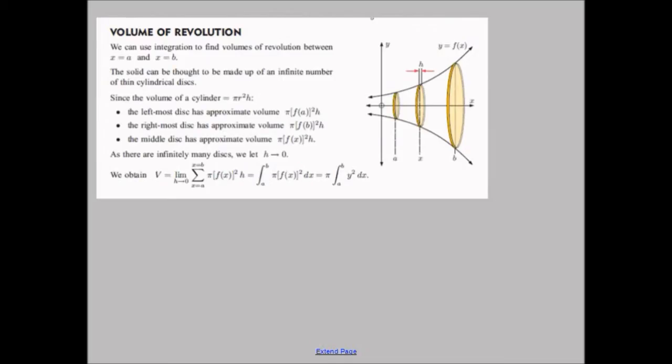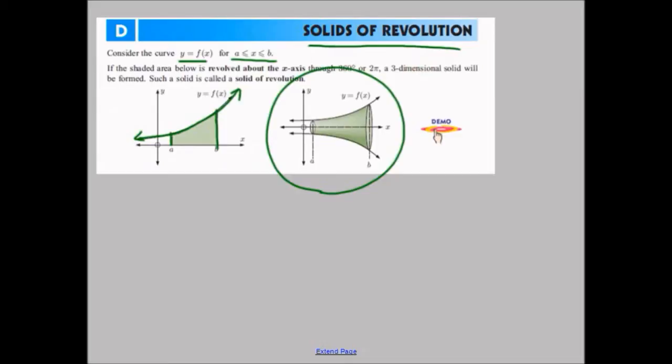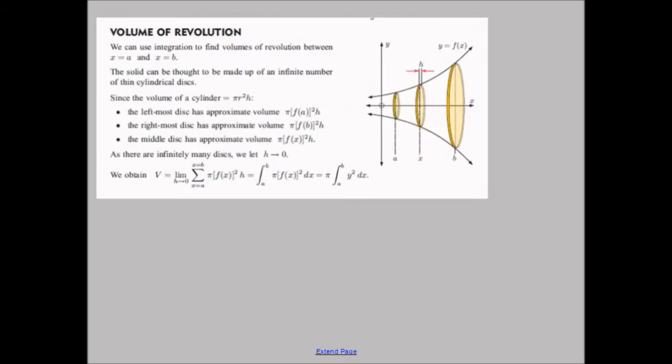Volume of revolution. We can use integration to find volumes of revolution. This is just the proof showing you why the formula exists the way it does. Basically, if we took this shape and sliced out little discs, each of these little discs is as small as we can possibly make it, with thickness h.